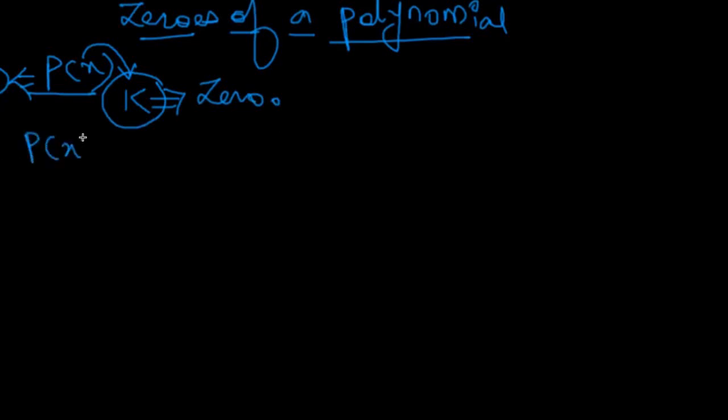Suppose let us consider a polynomial p of x as x square minus 3x minus 4. I need to find the value of this polynomial at minus 1. So instead of x, I'll put -1.